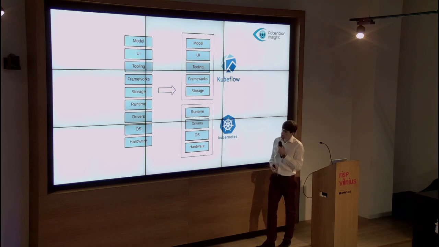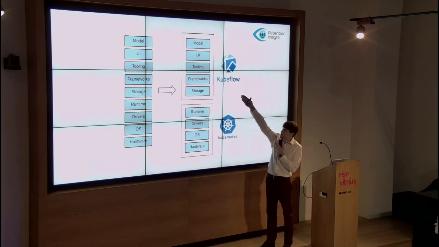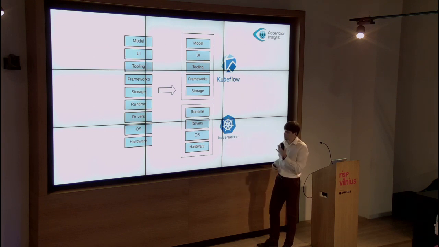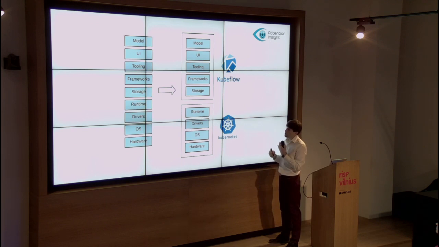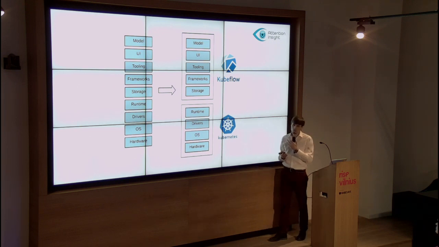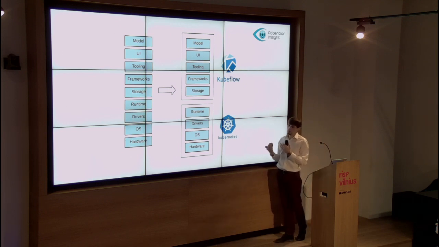Usually, when developing a machine learning solution, you are obviously taking care of this full stack on the left. You take care of the hardware, the OS part. You are training the model. You are serving it via the UI. You take care of the frameworks. But what happens when you need to deploy this to production? Well, first you need to move this to, say, a test environment, and then deploy to production.